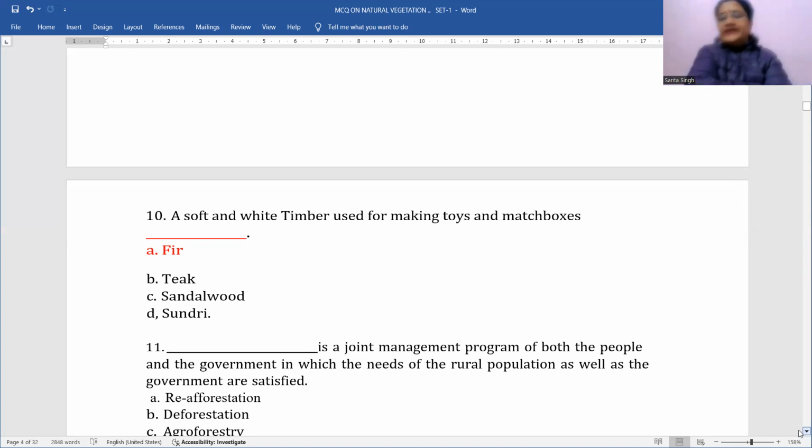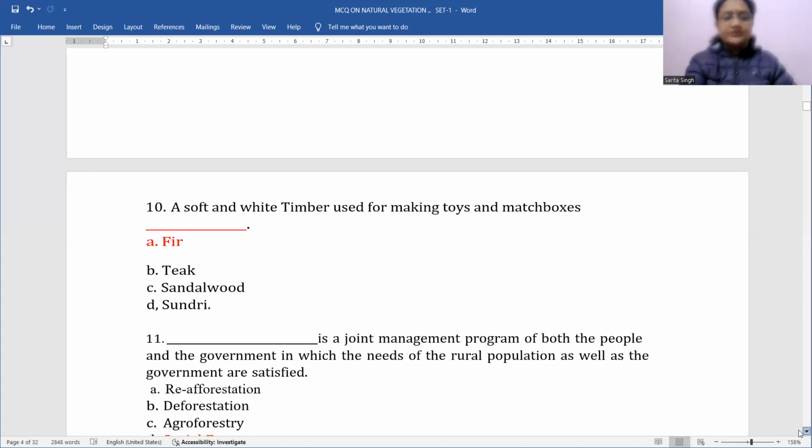Coniferous or mountain type vegetation, you can say, which we generally see in the upper portion of mountainous areas, right? So fir, spruce, larch, deodar, all these trees, children, belong to the montane type, or you can say the trees or forest which we find on the mountains, right? So the answer will be fir.